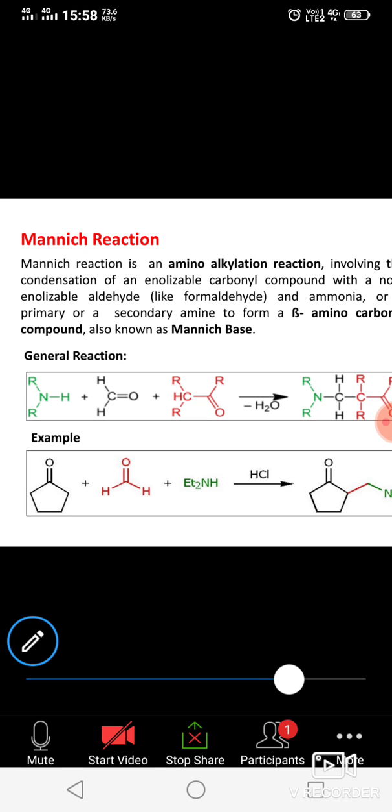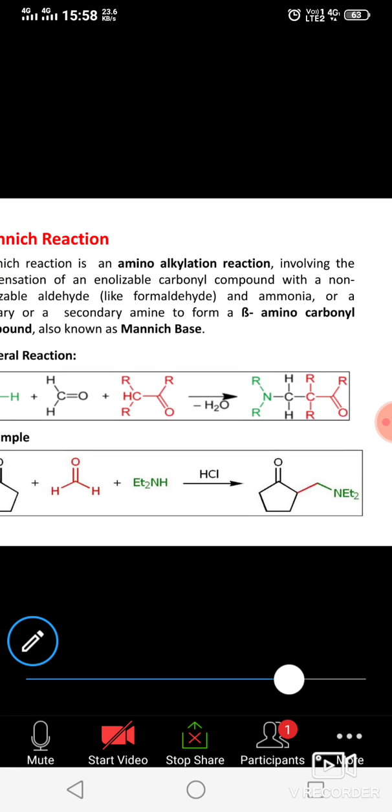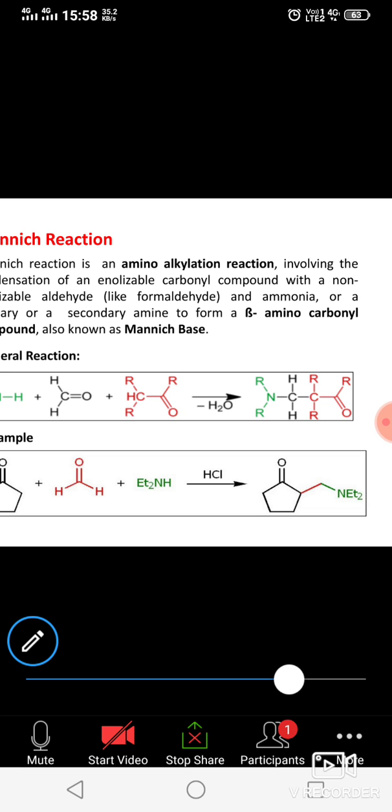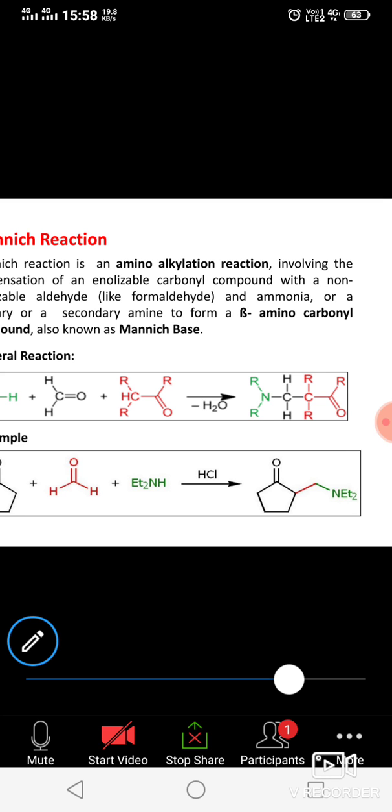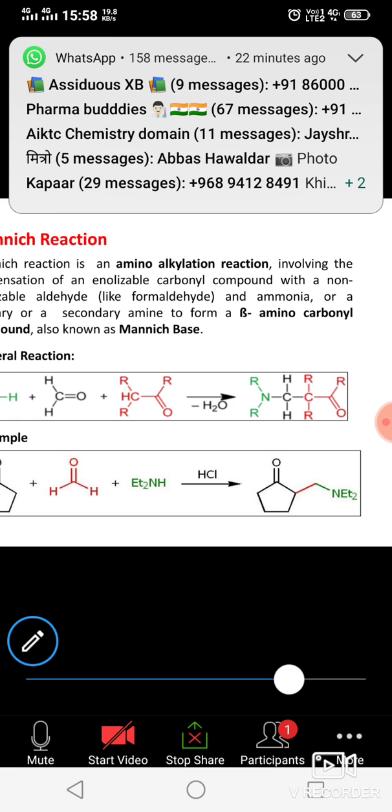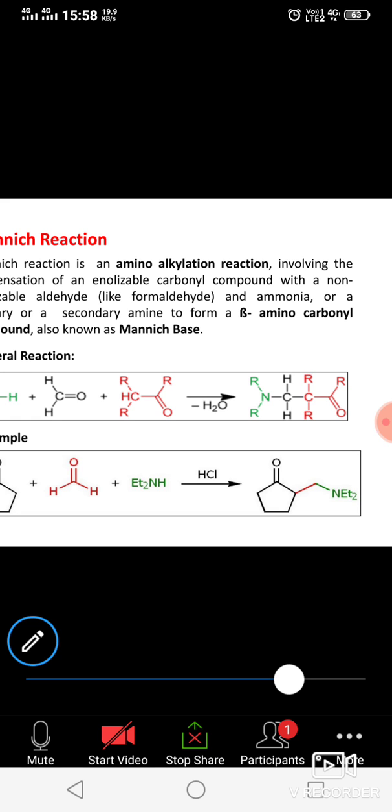The red hydrogen is the alpha hydrogen. So it is an enolizable carbonyl compound. They will undergo condensation reaction, with a removal of water, and you will get the beta amino carbonyl compound.